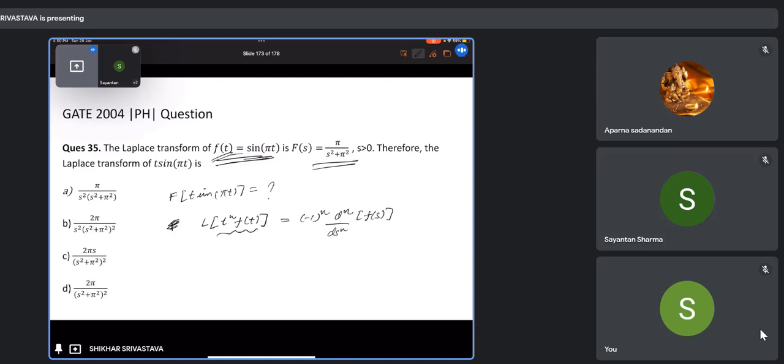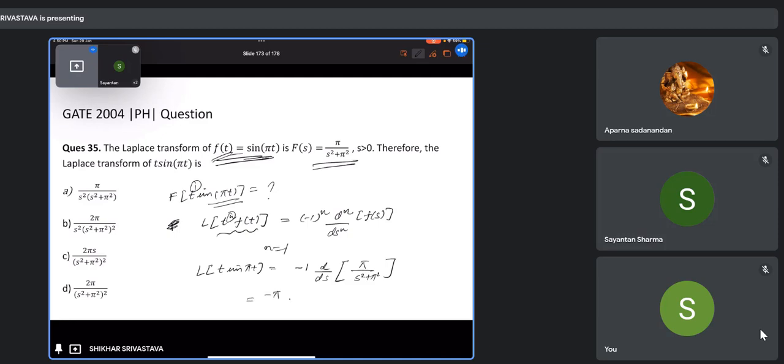So in our case, our function is sine of pi t, and the power of t is 1, so n is 1. So the Laplace transform of t sine of pi t is nothing but minus 1 d upon ds, because n is 1, of pi upon s square plus pi square.